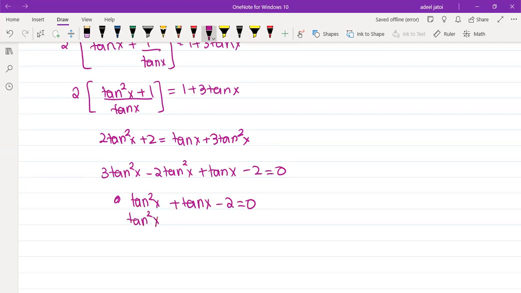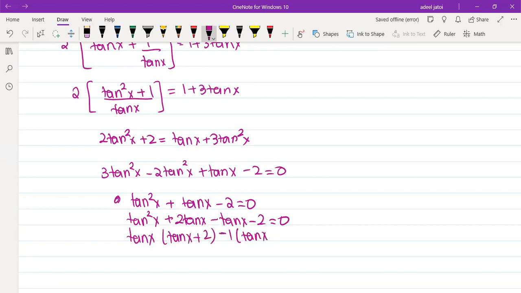tan square x plus tan x, a correction to this. Oh, that was fine. This is plus. So tan square x plus 2 tan x minus tan x minus 2 is equal to 0. tan x is common: tan x plus 2, minus 1, tan x plus 2.